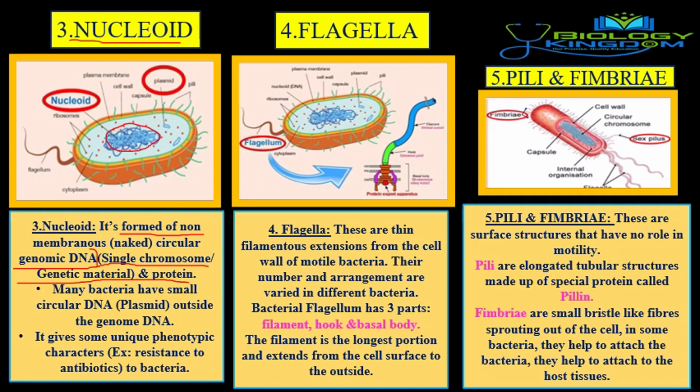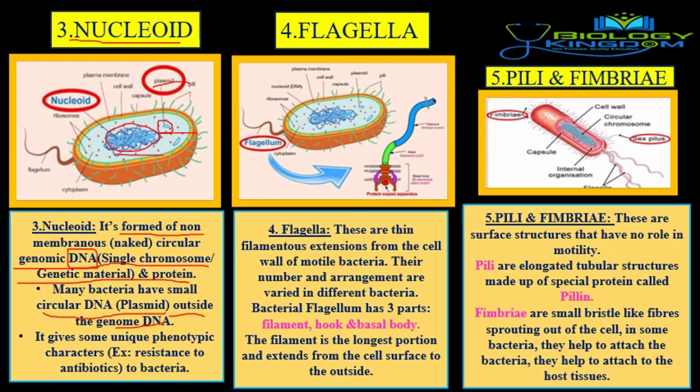We always know that DNA is a genetic material, but the thing to be noted here is that it has a single chromosome and a protein. Many bacteria have a small circular DNA called plasmid. We can observe the small circular DNA structures. This is known as plasmid, which is outside the genomic DNA. So this is the nucleoid, and this is the plasmid.